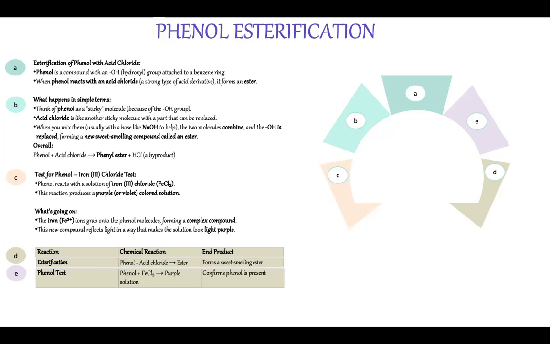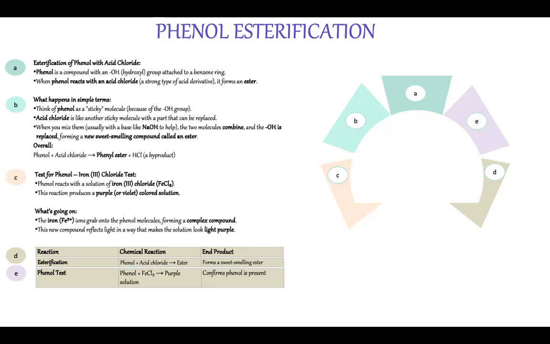When you mix them together, usually with a base like NaOH to help, the two molecules combine and the -OH hydrogen is replaced, forming a new sweet-smelling compound called an ester. So when phenol reacts with the acid chloride, it forms a phenyl ester plus an HCl byproduct.